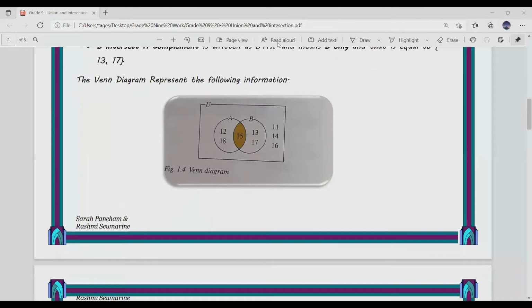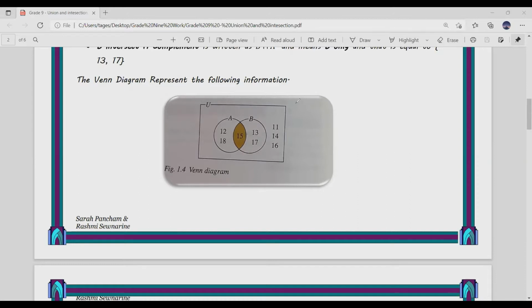Now, we have the Venn diagram that was used to represent the information. So we already identified 12 and 18, that is going to be A only. We have B only here, and we have the intersection.